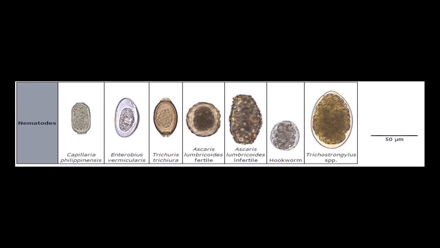We call them cestoda, and some of the schistosomes that we call the trematoda. All of those can be associated with diarrhea, and we make the diagnosis by doing a stool analysis and seeing the type of the ova that is present in the stool analysis.